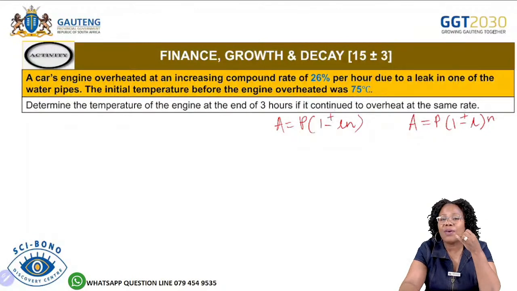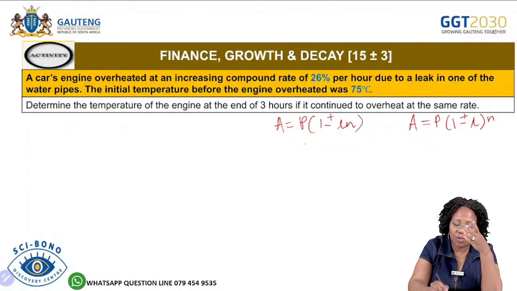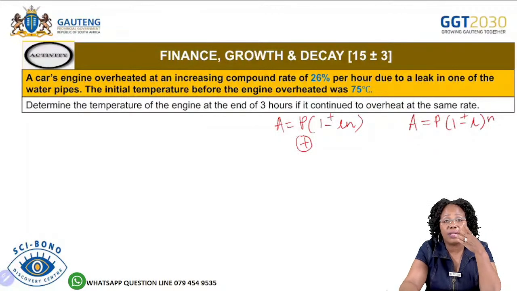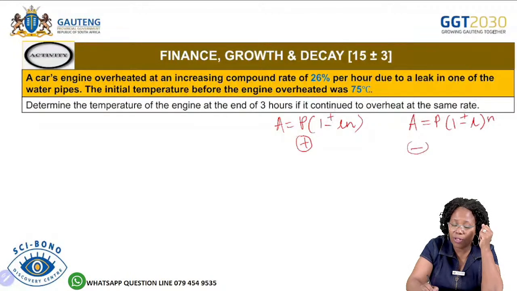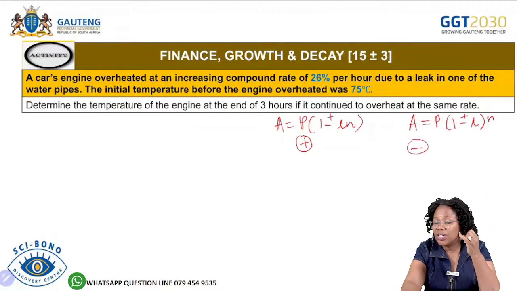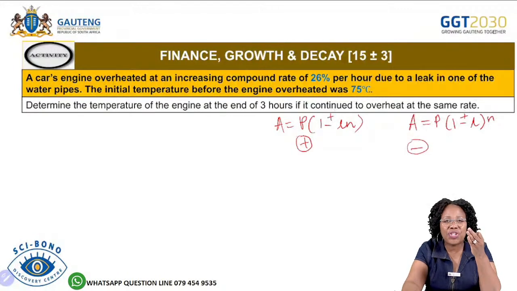Number 1, if you see the word increased, accumulated, the growth or appreciation, you must know that you are dealing with the plus calculation. Increase, accumulate, growth, appreciation. And then when you talk to the minus one, we are looking at the keywords decreasing, decay, depreciation.